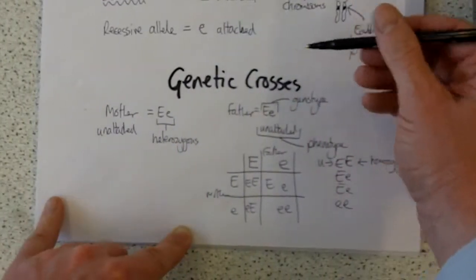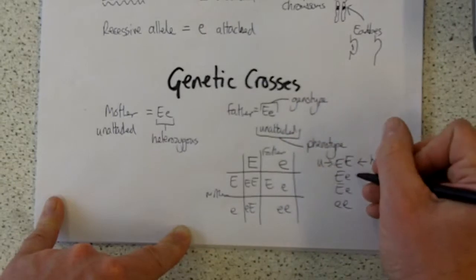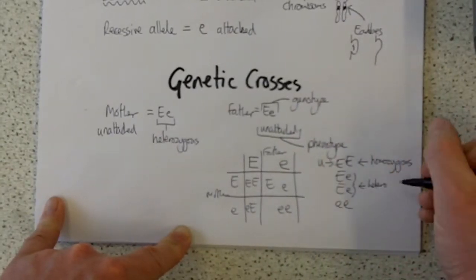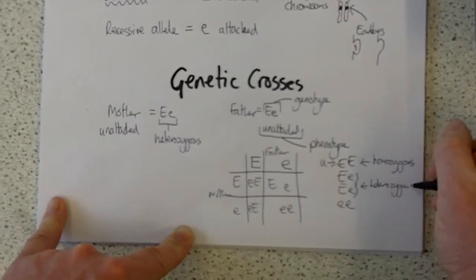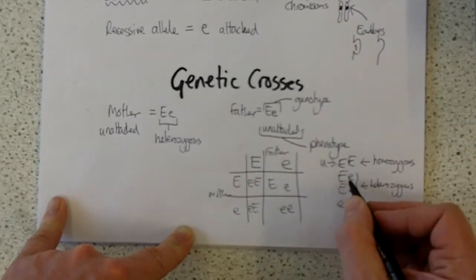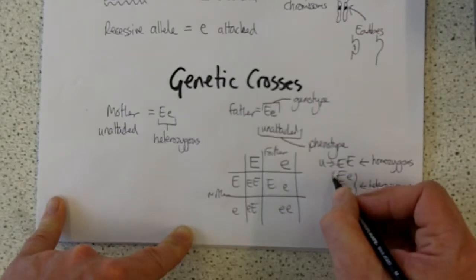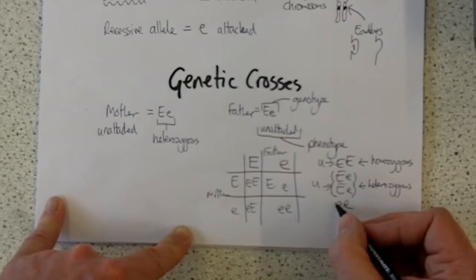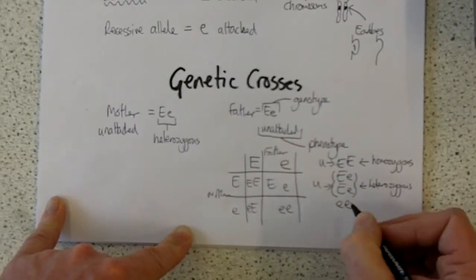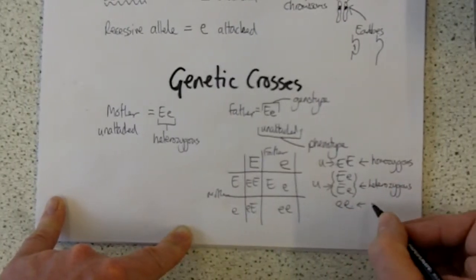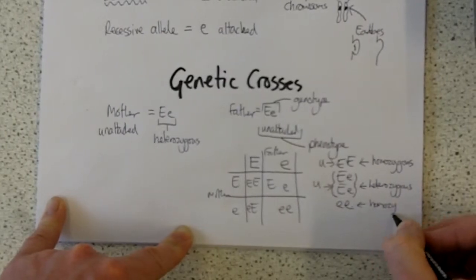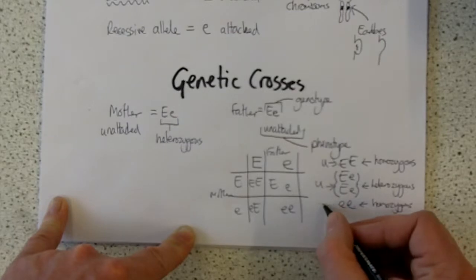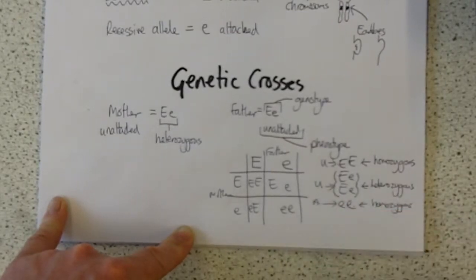Both of the alleles are for unattached. In these two cases, these are heterozygous because they're different, and again there's either big E for unattached or little e for attached, but because big E is dominant, they will be unattached. And then down here you've got little e and little e, which is again homozygous because they're the same, and these must have attached earlobes.